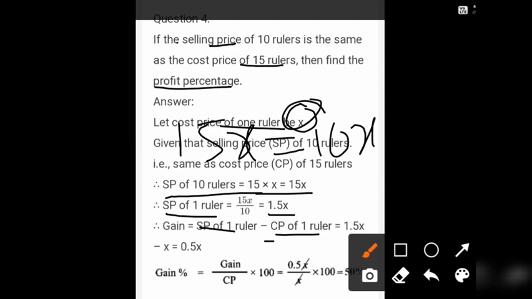When you subtract this, we get 0.5x. You have to find the percentage. So 0.5x divided by cost price x, into 100. X gets cancelled. We get 0.5 into 100, which is nothing but 50 percentage.